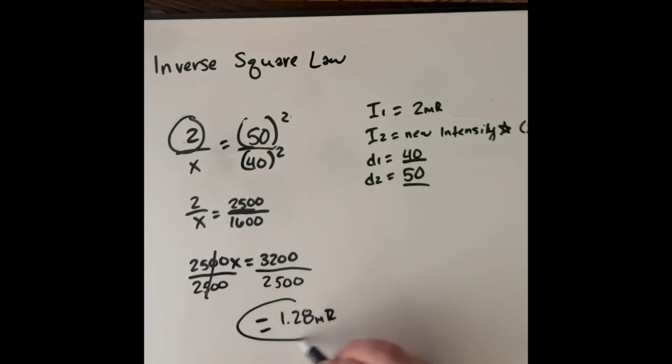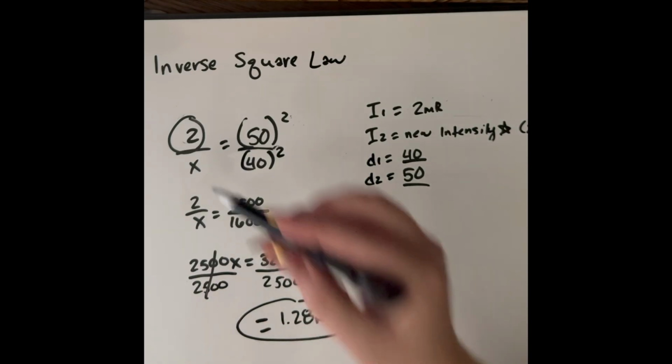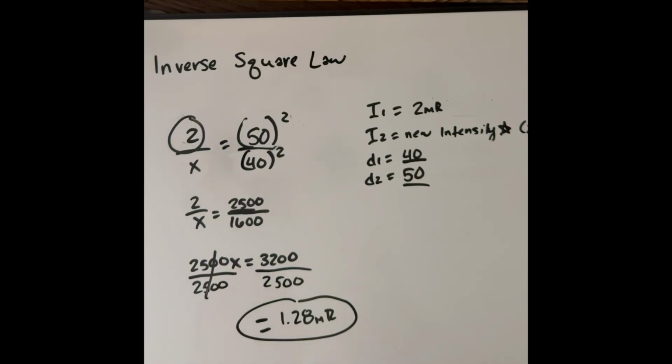But our ending result, 1.28, is smaller than 2. So yes, this does make sense. We went a further distance away, so the amount of x-rays that made it all the way to the IR with the further distance should be less than what we started with, which is what we got. So that's the first one.